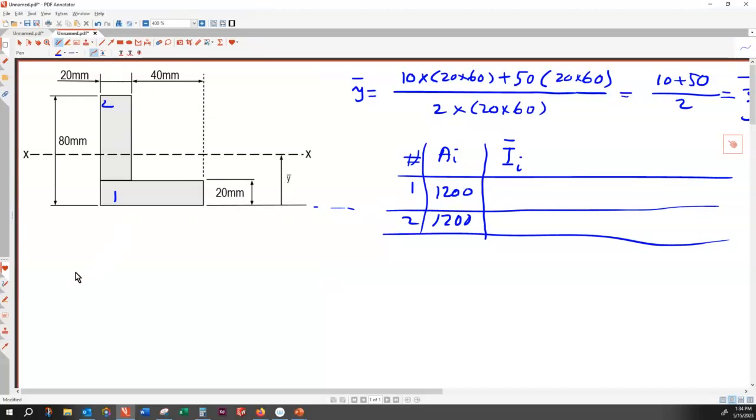That is 1 over 12 BH cubed for the first one, that is 60 multiplied by 20 cubed.